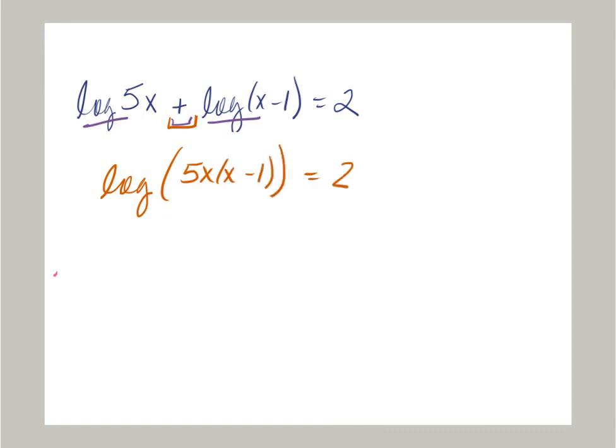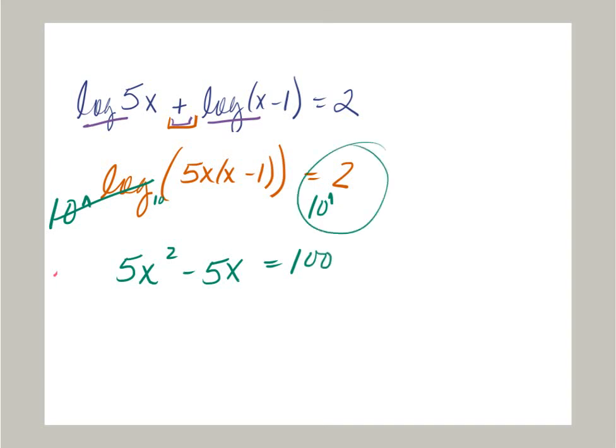Since this is a common log, log of 5x times x minus 1, I can raise both sides from 10. And that gives me, and I'm going to go ahead and just multiply this out, 5x squared minus 5x equals, and then 10 squared is 100.